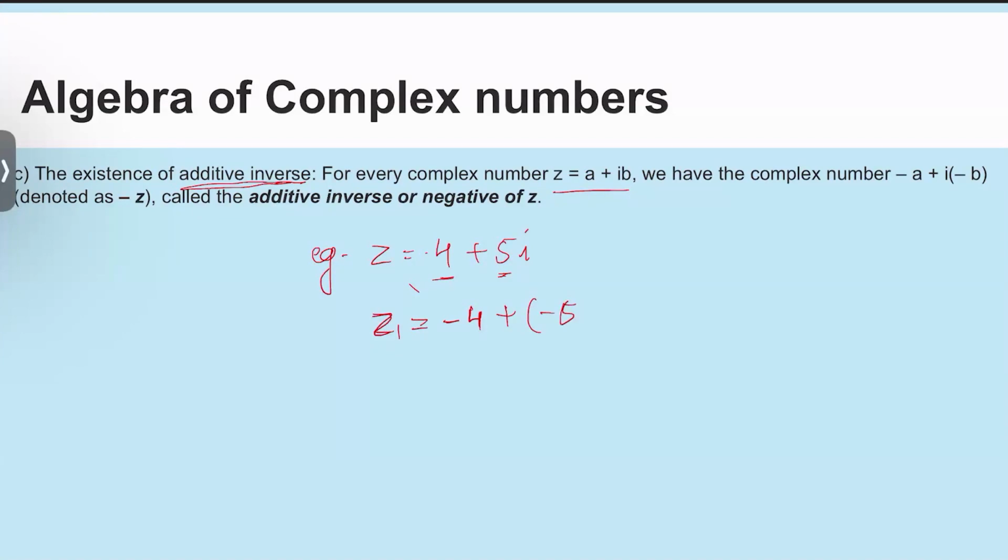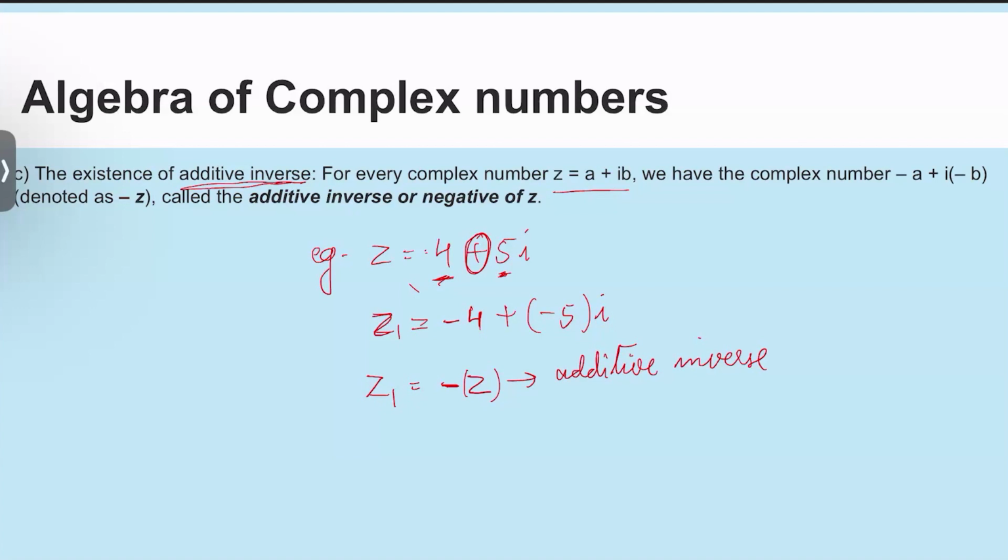So this is minus 4 plus minus 5i. Z1 can be denoted as negative of Z. If you change the sign of the real part and the imaginary part, keeping the sum operator in between, what you get is called your additive inverse, or negative of z.